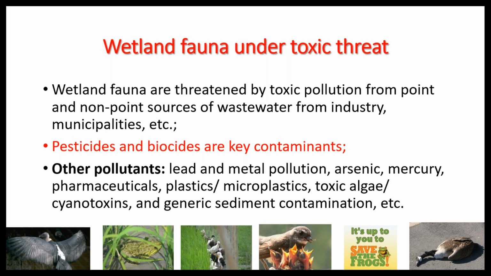But there are also other contaminants like lead, that is a very, very known pollutant for human as well as for wildlife. Different type of metal pollutions like copper and that. Arsenicals, mercury, very important pollution in the wetlands.